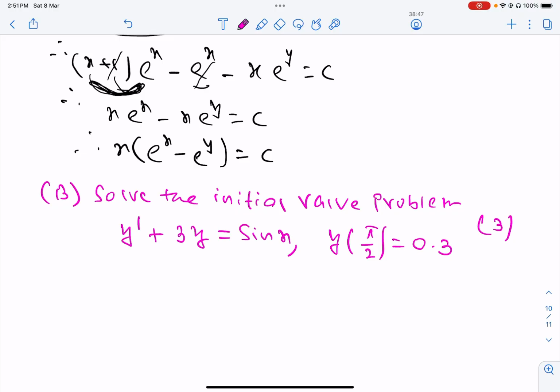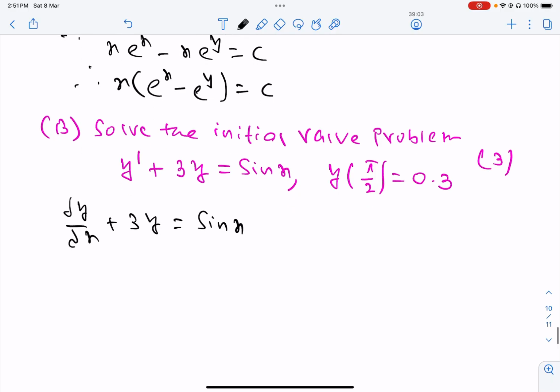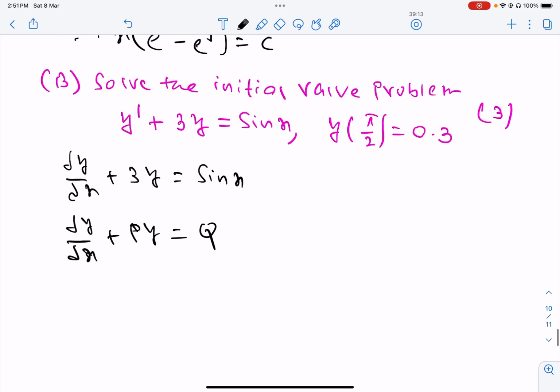So let us now solve this example. So here we have dy by dx plus 3y equal to sin x. So we can see that this is of the form dy by dx plus py equal to q.